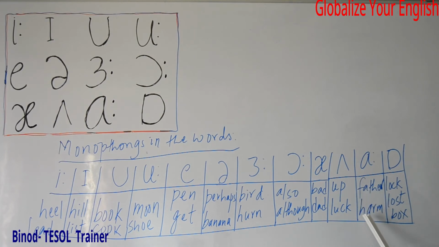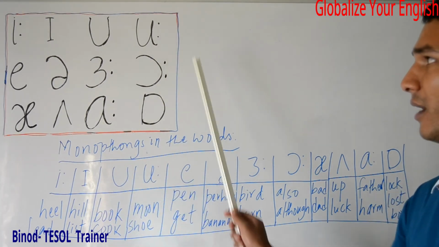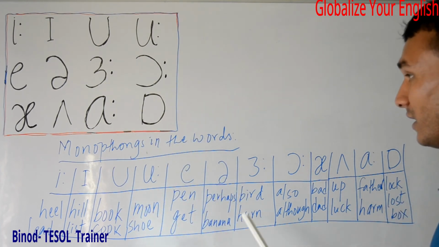Father, harm. Orange in your mouth. Lock, lost, box. This is how we can find the 12 monophthongs, 12 vowels, in words.